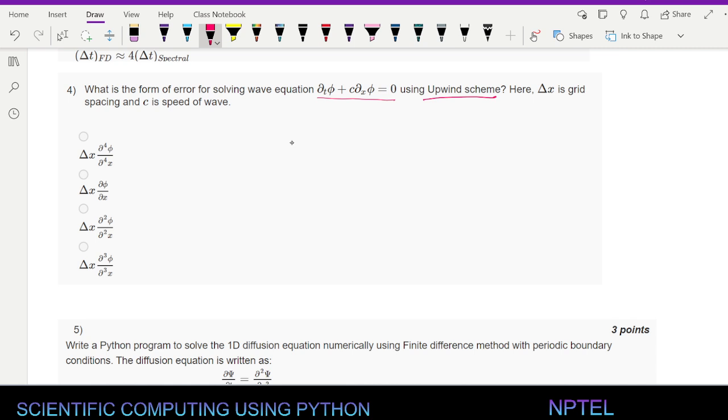First is delta x times del phi by del x, then the second derivative, third derivative. If you remember in the class, if you start from a Gaussian profile, then after some time it should ideally be a Gaussian profile with a shifted position, right? But what it becomes is some spread out thing, something like this.